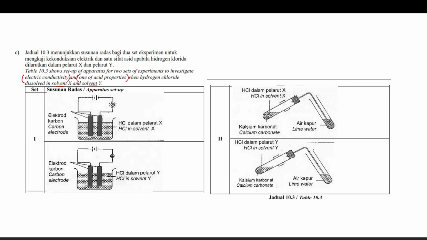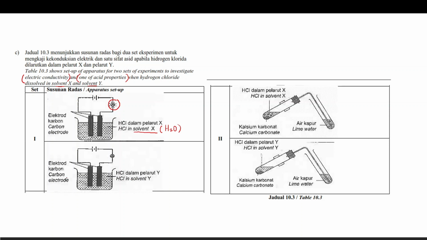You can see in set 1, hydrochloric acid in solvent X can conduct electricity. In other words, the acid must be in the solvent. X will be water, very simple, H2O, so that it can show the acidic properties.